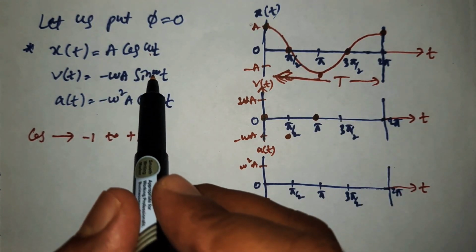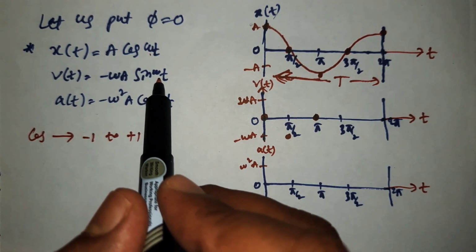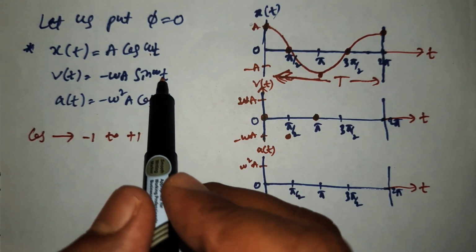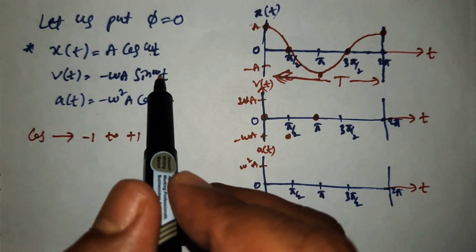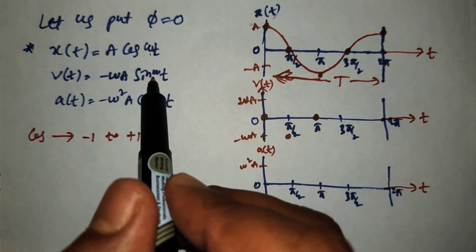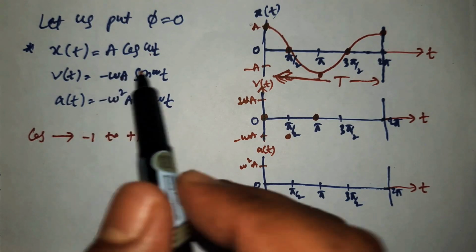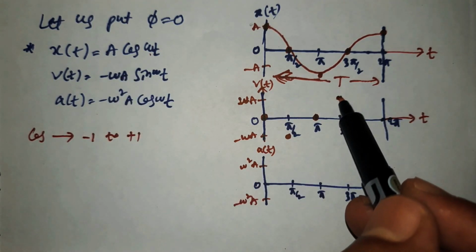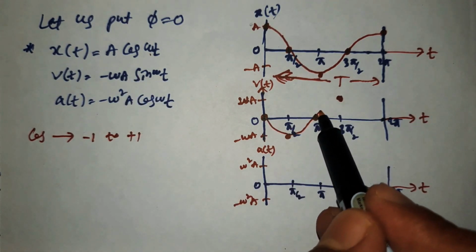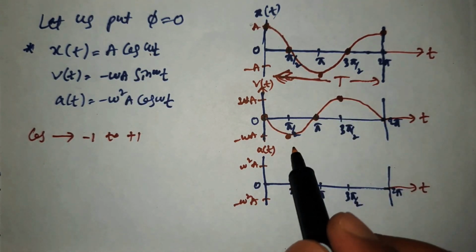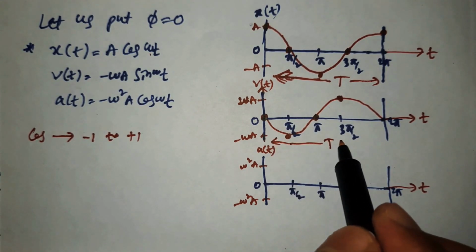Sin 3 pi by 2, 3 pi by 2 means pi plus pi by 2. So that is called minus sin pi by 2, so that is called minus 1. Minus 1 into minus omega a, so plus omega a. Sin 2 pi is 0. So the graph is like this. So here also time period is t.